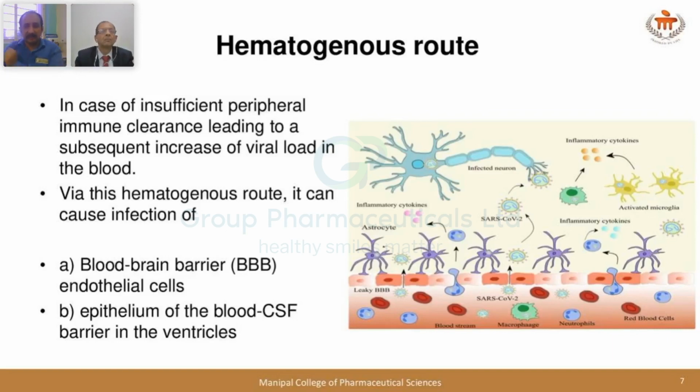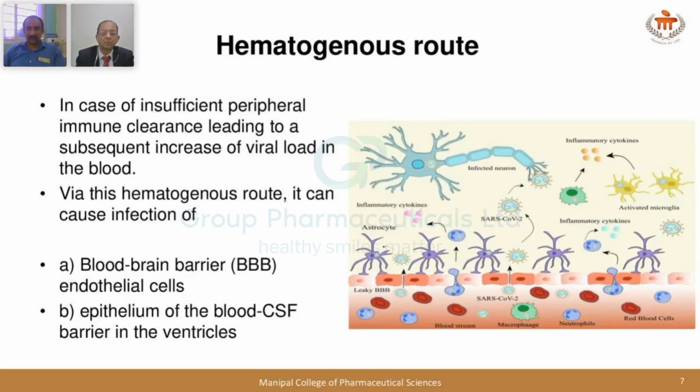There is a mechanism called the Trojan horse mechanism, by which the viruses enter. For the Trojan horse, we have to go back into Greek mythology, which describes the Trojan horse as a hollow wooden horse inside which soldiers were concealed, and the soldiers entered into the city of Troy. That is called the Trojan horse.